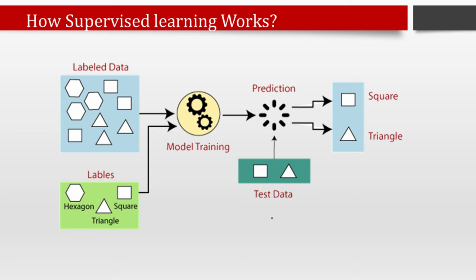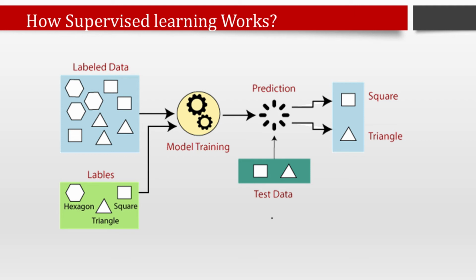If the given shape has four sides and all the sides are equal, then it will be labeled as a square. If the given shape has three sides, then it will be labeled as a triangle. If the given shape has six equal sides, then it will be labeled as a hexagon.